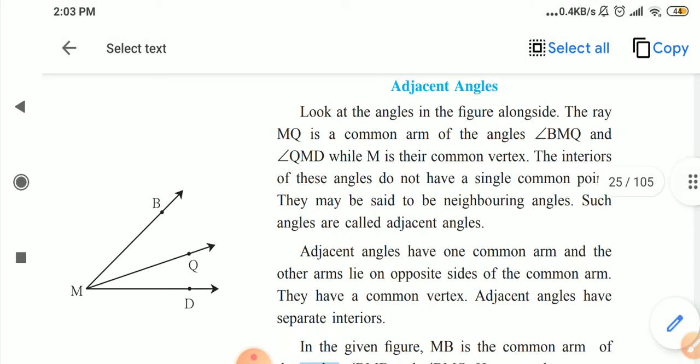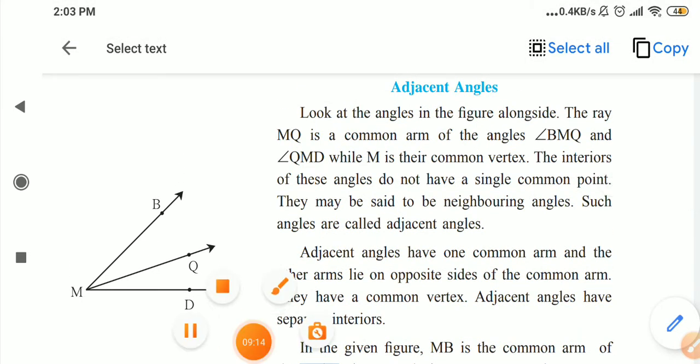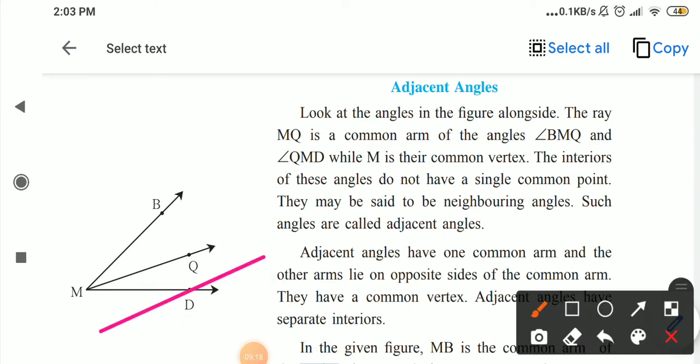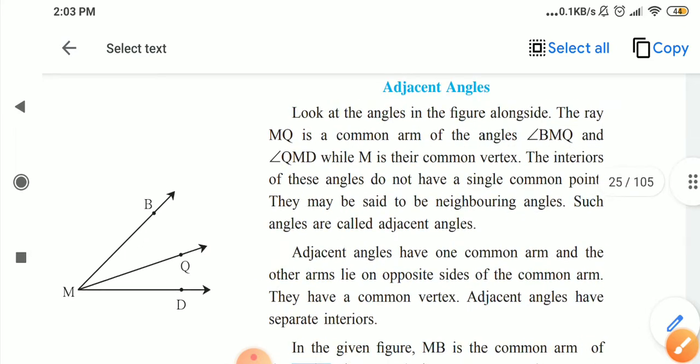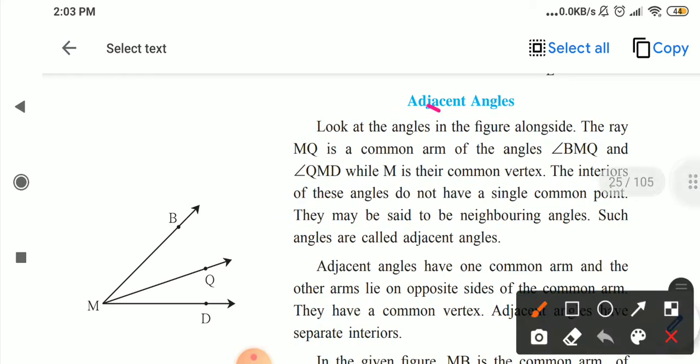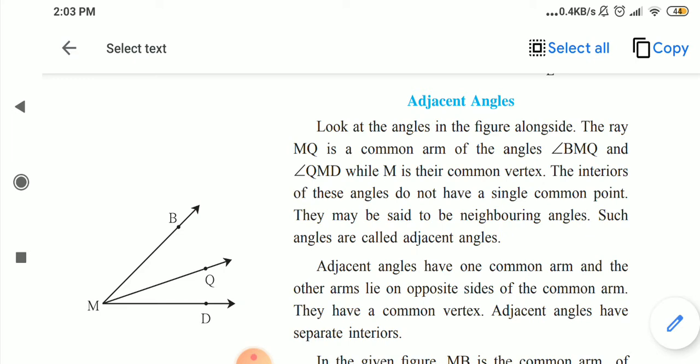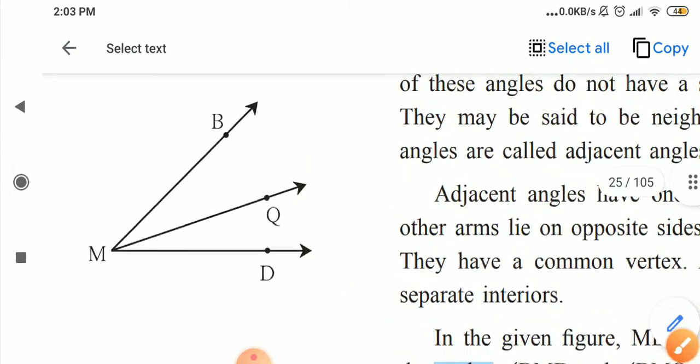Look at the angles in the figure. Here one word came, and which is that word? That is angles. You know that angle, and when there are many angles we say angles.